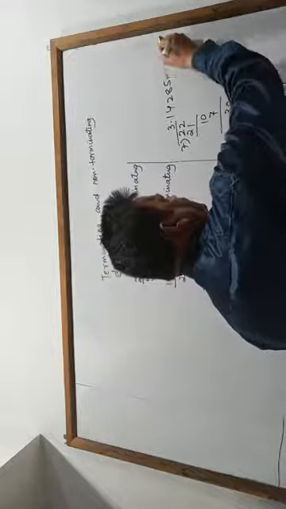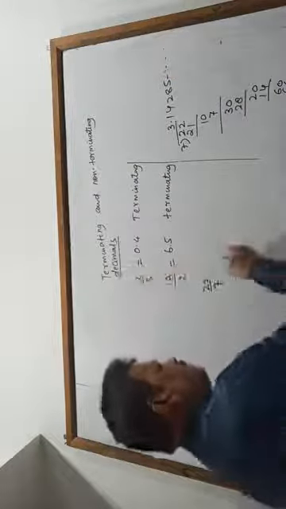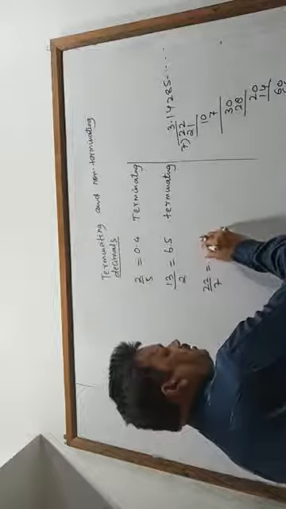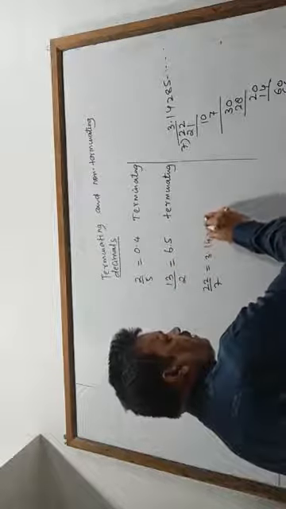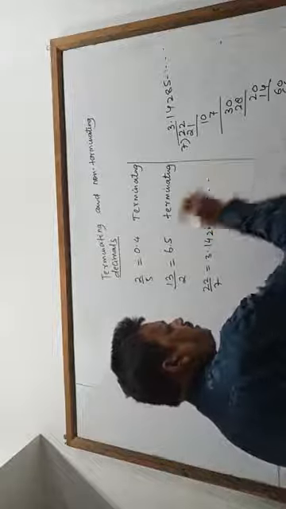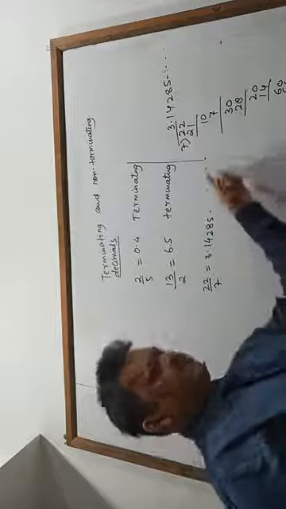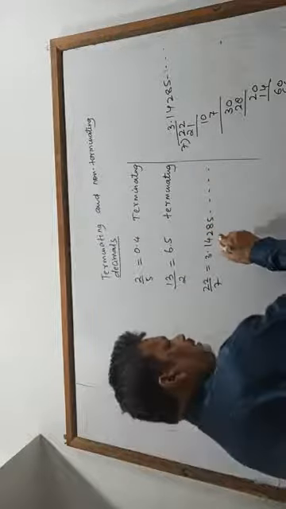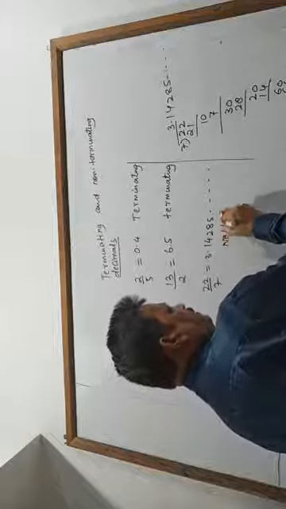So it doesn't finish. This is 3.14285 like this. When the division is not over, we call it non-terminating.